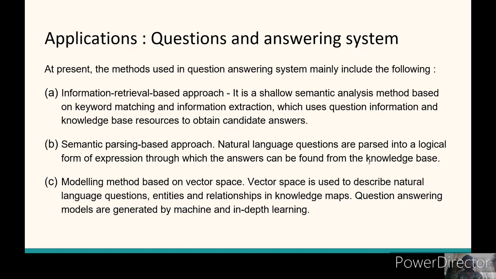Natural language questions are passed into a logical form of expressions through which the answers can be found from the knowledge base. C. Modeling method based on vector space. Vector space is used to describe natural language question and entities and relationships in knowledge maps. Question answering models are generated by machine and in-depth learning.